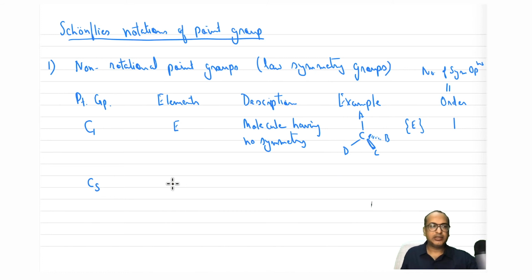Next is Cs. In this case you have E and sigma. Sigma is mostly a molecular plane. So the molecule possesses only a plane of symmetry as an element.